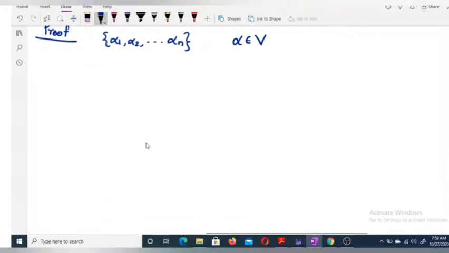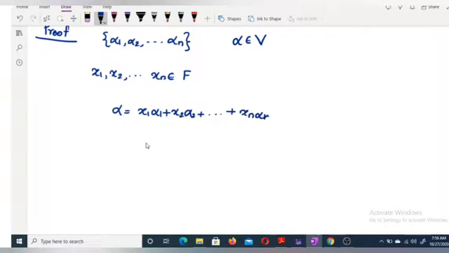Therefore, there exist scalars x1, x2, etc., xn belongs to F such that alpha equals x1 alpha 1 plus x2 alpha 2 plus etc. plus xn alpha n, that is equal to sigma i equal to 1 to n xi alpha i. Alpha can be written like this.